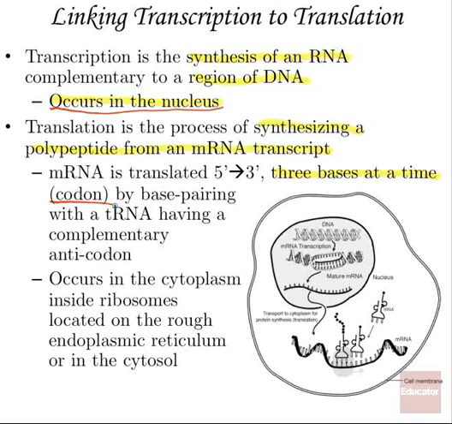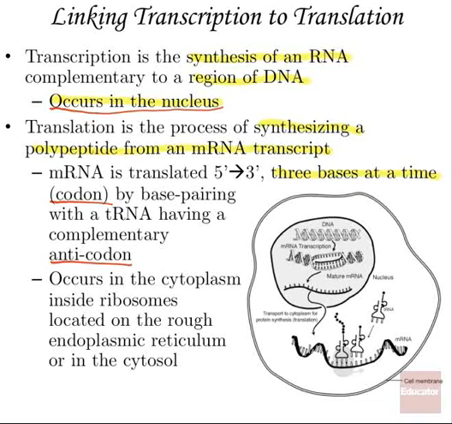All right? So the mRNA gets translated 3 bases at a time by base pairing with a tRNA, having a complementary anticodon. So your codon and your anticodon will match up via a base pair.